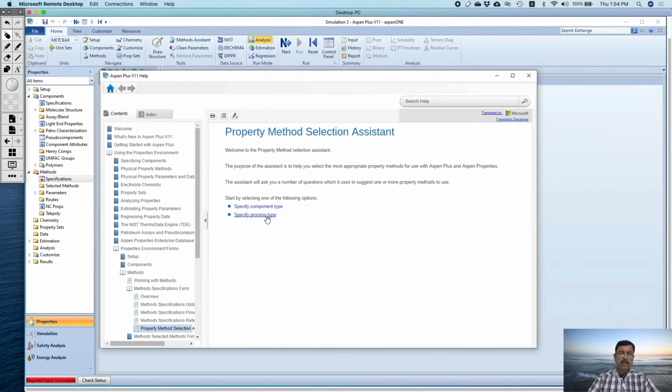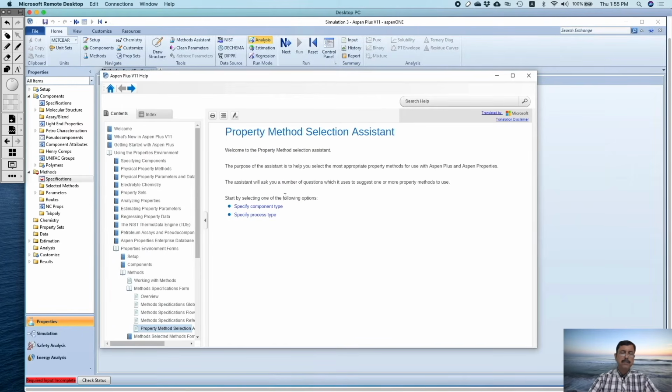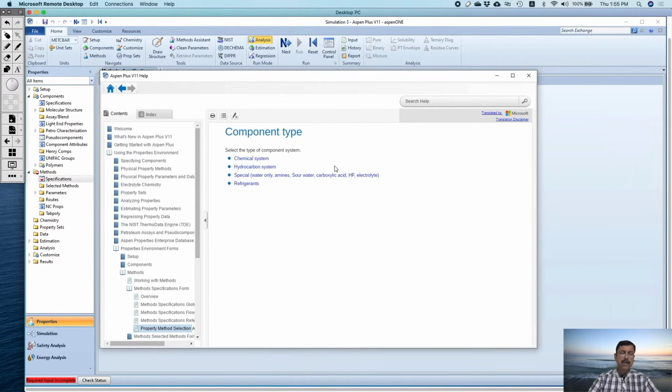If you go by process type, you can choose chemical process, whether your application has electrolytes, environmental application, gas processing, oil and gas, mineral and metallurgical, etc. If you go by component type, it will ask whether it is a chemical system, hydrocarbon, special system or refrigerant.